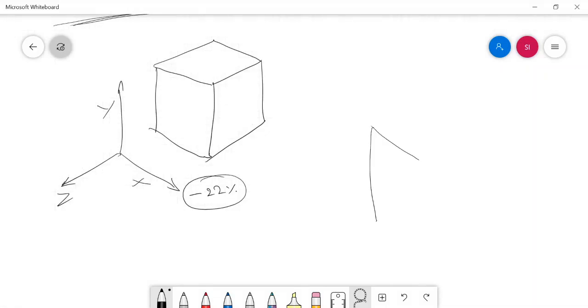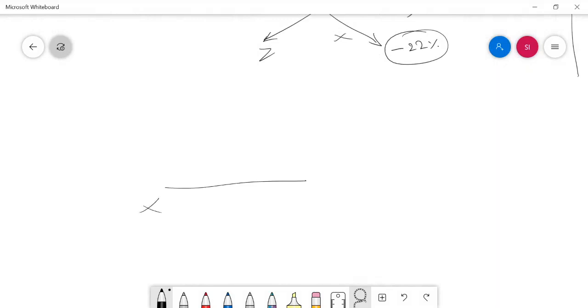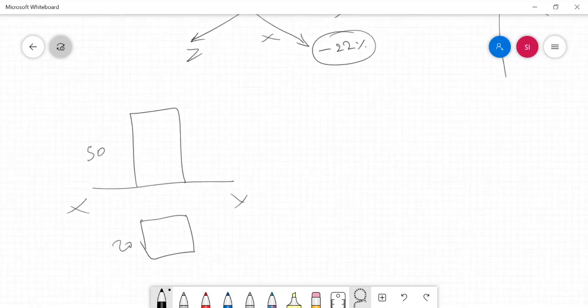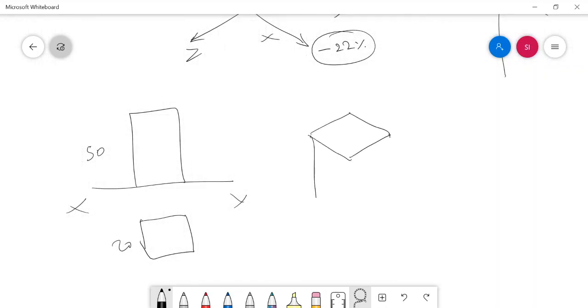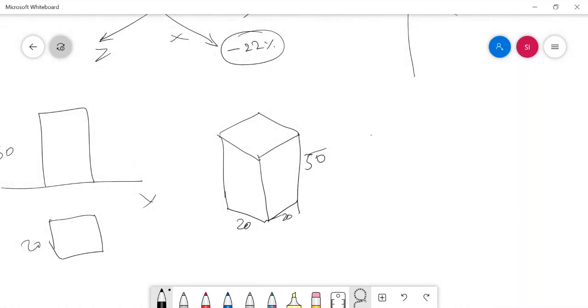For example, if it is a square prism of height 50 mm and base side 20 mm, when you draw its isometric view, you can show all the dimensions as they are, that is, 20 mm base side and 50 mm height. But in the case of isometric projection, the dimensions definitely get reduced and the overall object is viewed with shorter dimensions.